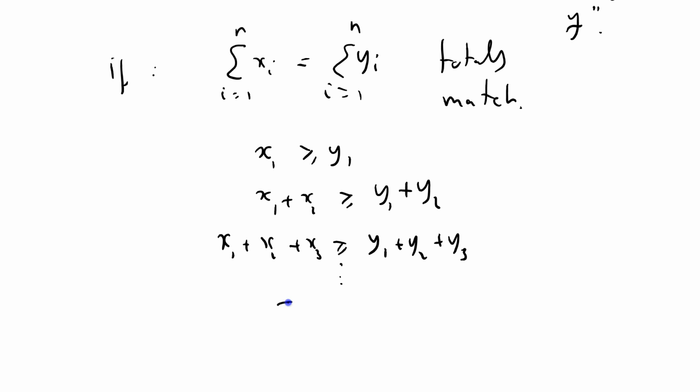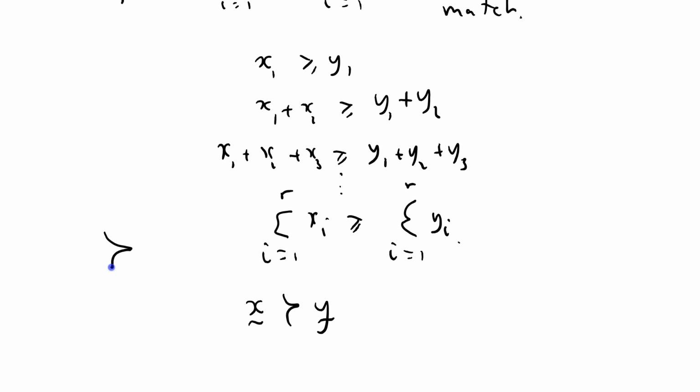And in general, the sum from i equals 1 to r of xi has got to be greater than or equal to the sum from i equals 1 to r of yi. However, the total of the whole sequence has to match. And if that's the case, we say that x, the sequence, majorizes y.